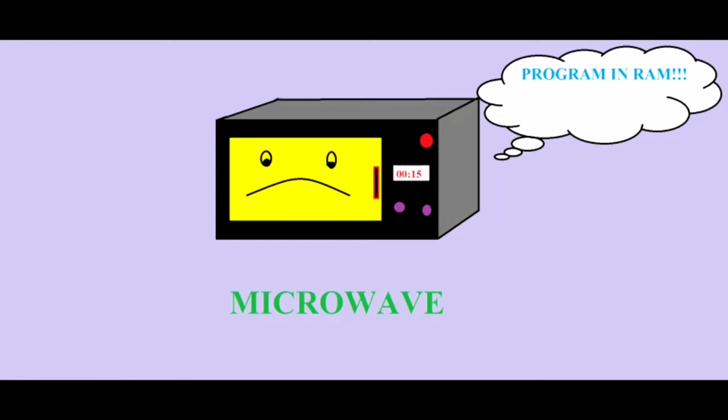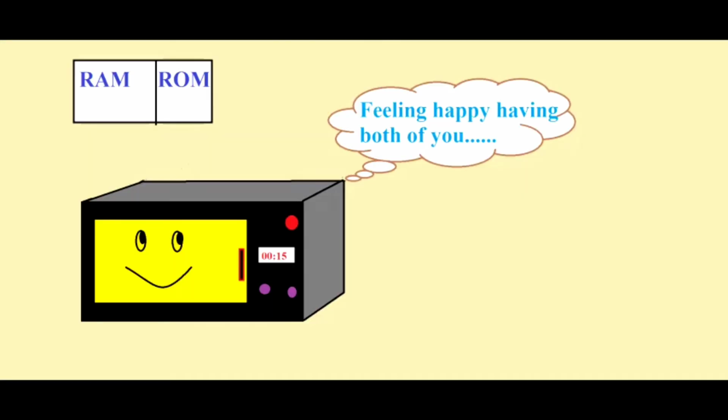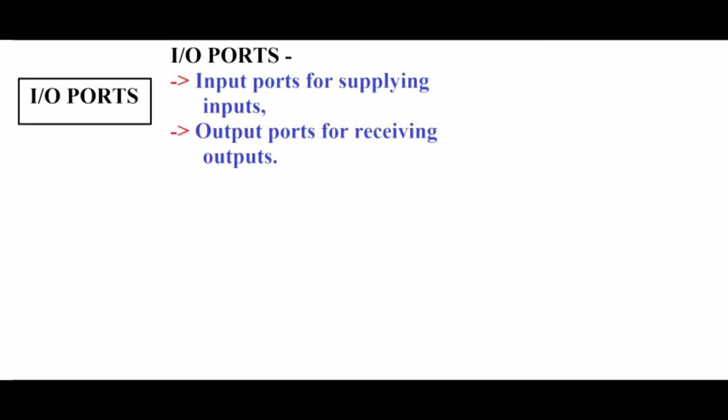Imagine your situation, because this is not only on a microwave. This will also apply to your TV, AC, washing machine and many more appliances at your home. So our ROM is used to store the program and tasks for the microwave, and RAM contains the current temperature, time, heat and so on.